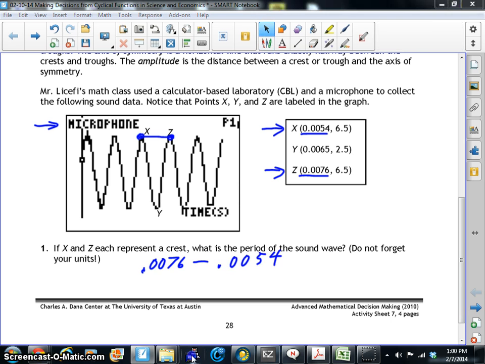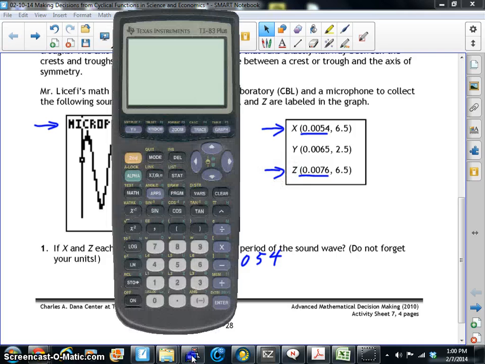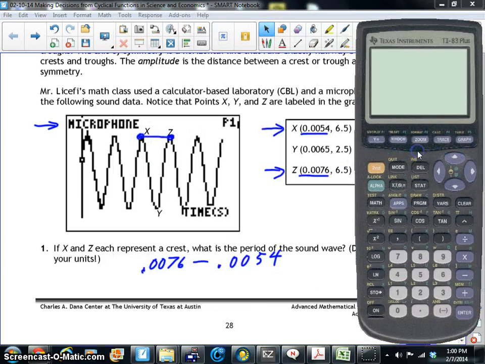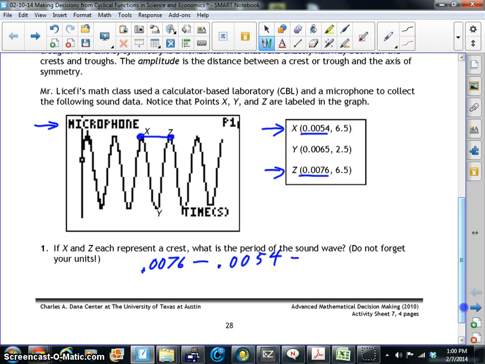If we do that on this calculator, 0.0076 minus 0.0054 gives me 0.0022. So that's our period, and this is in seconds.